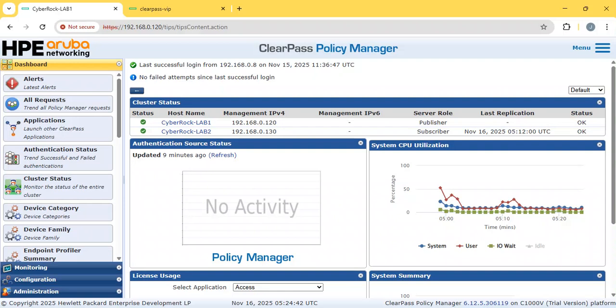So .1x authentication is more secure. It is more secure because in previous days I would allow only one VLAN, VLAN 20, with the switchport in access mode. That's it. Correct.